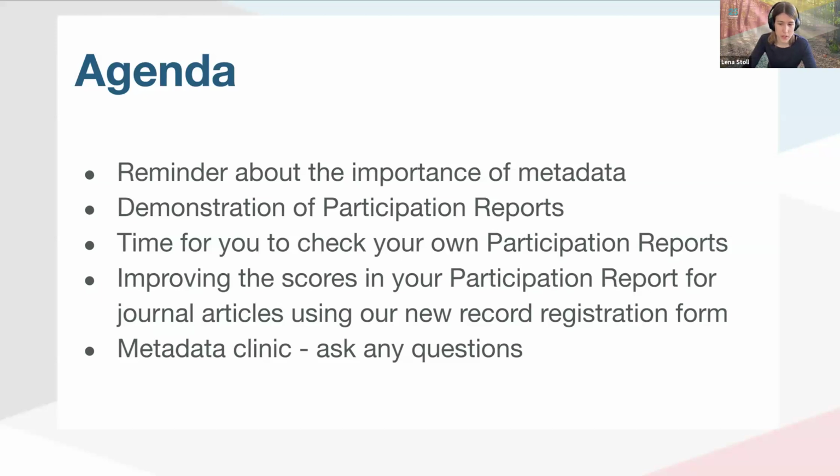I'll tell you a bit about that tool, how it helps you improve your scores in your participation report if you're registering journal content. And then at the end, we'll have a lot of time for your questions. If at any point while I'm talking you think of a question, just put it in the Q&A. We'll get to it either right then or when it makes sense.